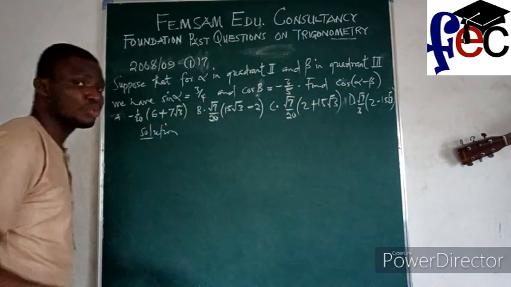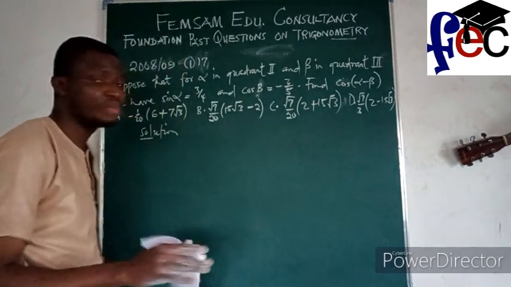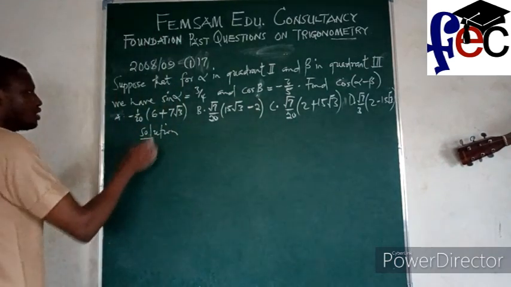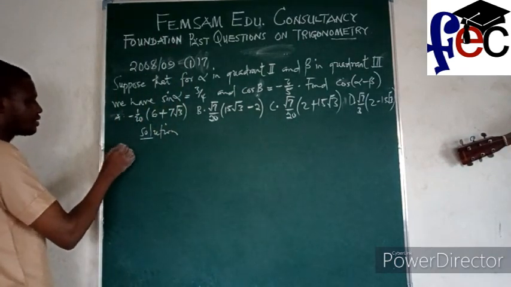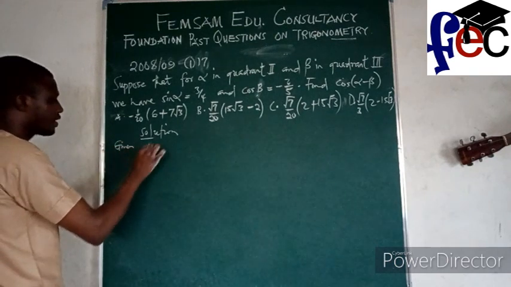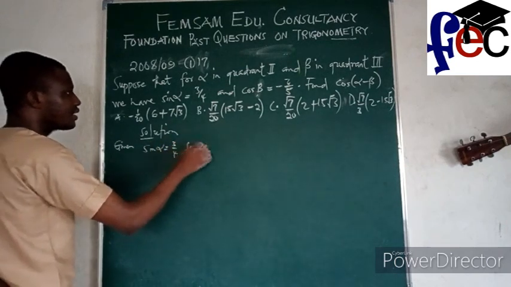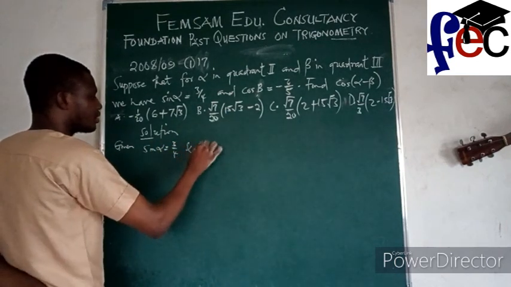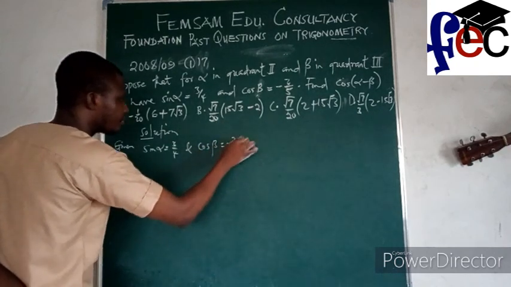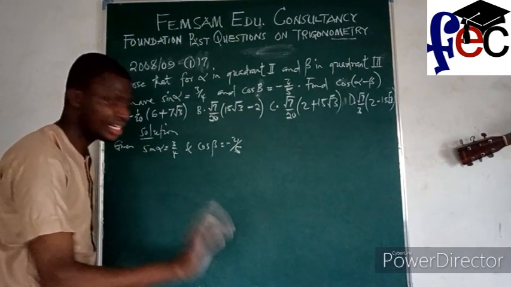So I'm going to quickly use my trigonometric identity. Given sine alpha to be 3 over 4 and cos beta is minus 2 over 5, I'm going to go straight using the direct formulas.